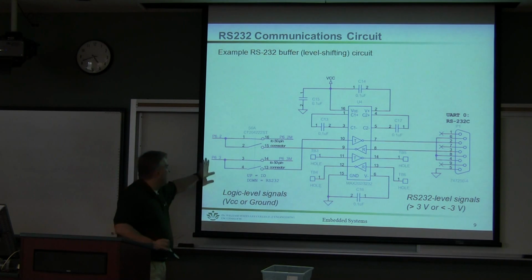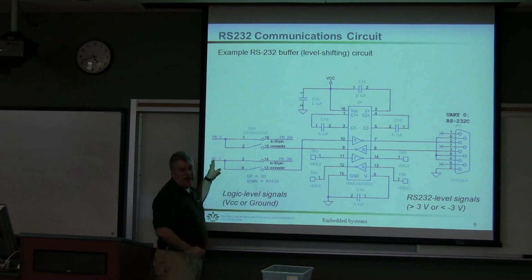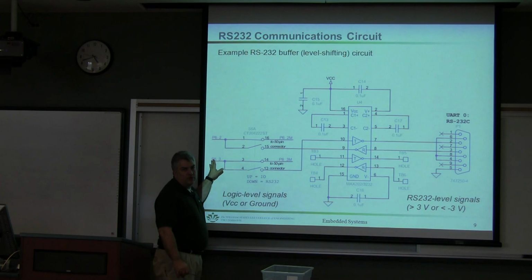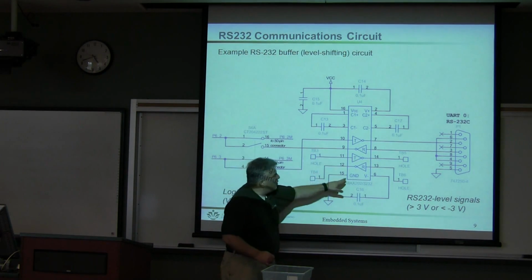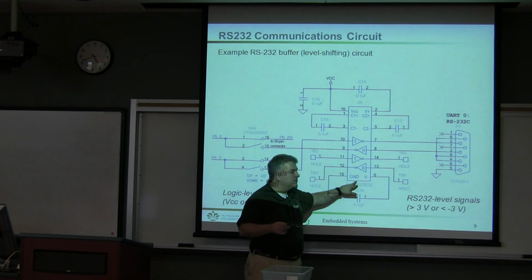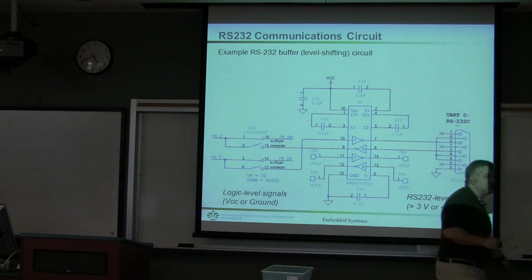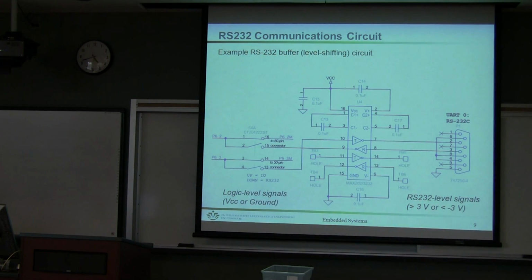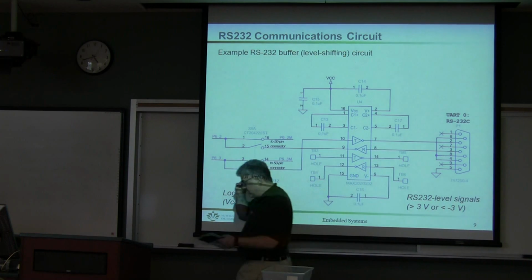Now, over on this side, we do have your microcontroller. On the board itself, does anybody have a board handy up front? On the board itself is a small chip that actually will do what we call level shift. It will convert the logical 0 to a nice positive voltage that it likes.